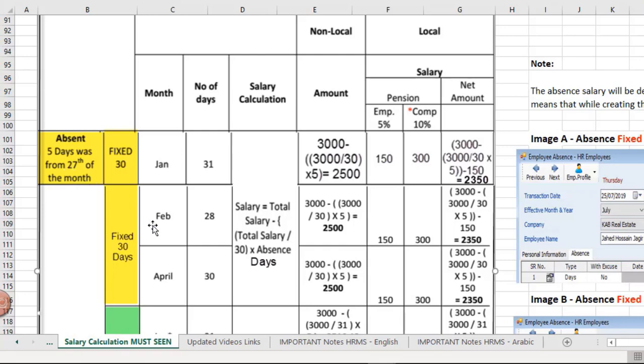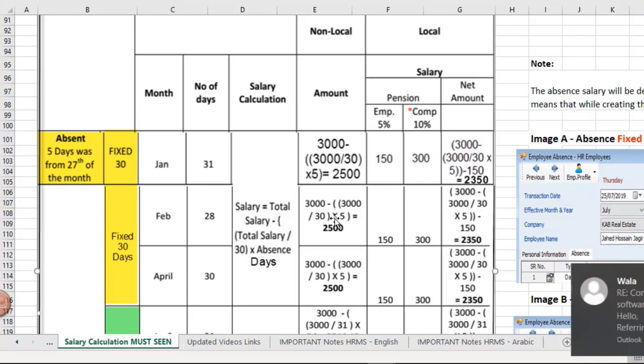Notice here, to remove any confusion you might have, that even if February contains 28 days, since we're talking about a fixed 30 days, it will still be considered as 5 days of absence, and the system will automatically calculate the amount and the total salary without you having to keep in mind any other month which is still coming.